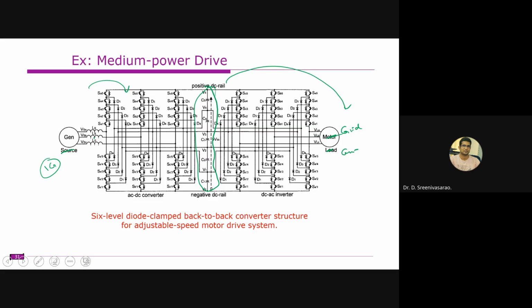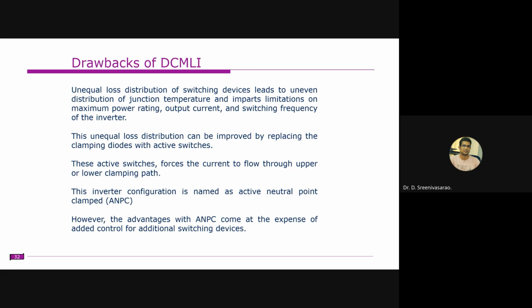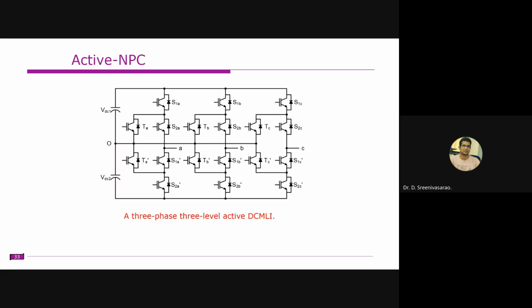If not balanced, that imbalance is reflected on the output voltages. Therefore, we normally have some alternative circuits. This one is ANPC, which is known as active neutral point clamped. Instead of diodes, we now replace them with active switches.